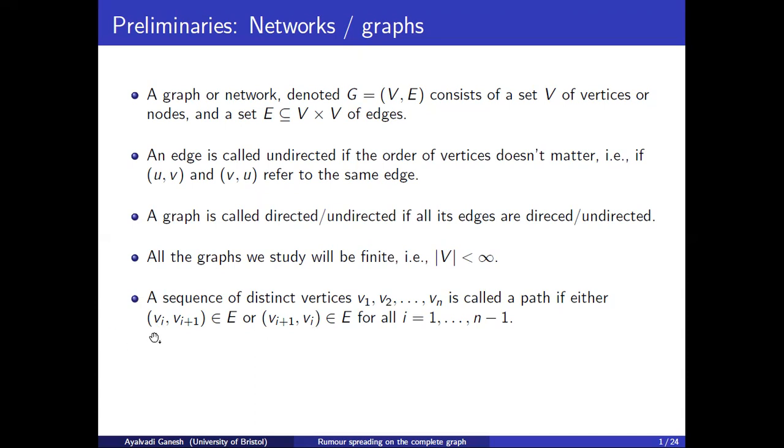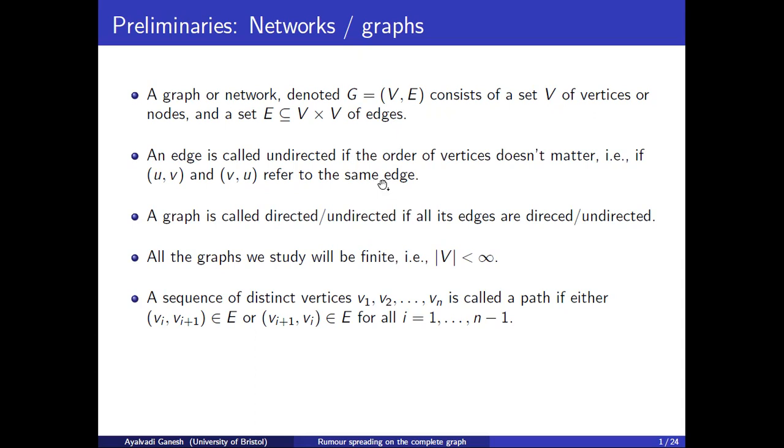So if the graph is undirected, there is no distinction here. If the graph is directed, then we call something a path if there's an edge between every pair of successive vertices, but we are not necessarily keeping track of the direction.